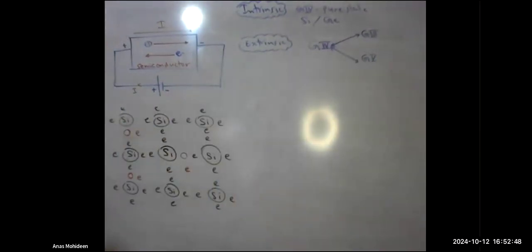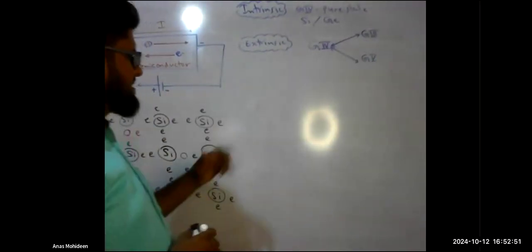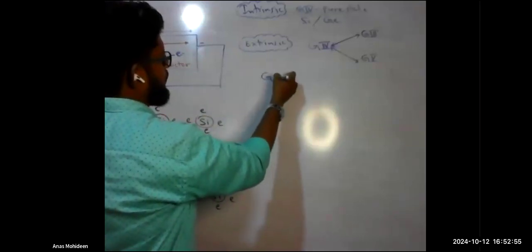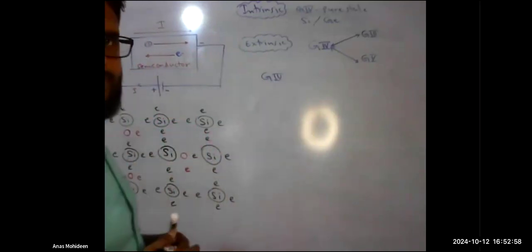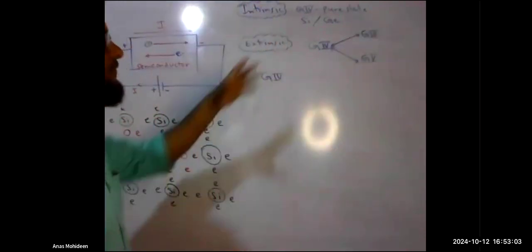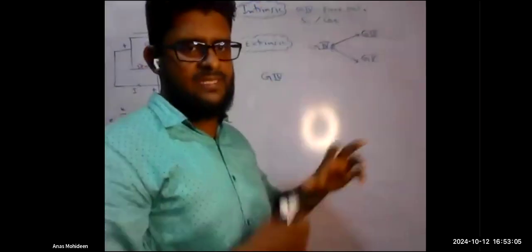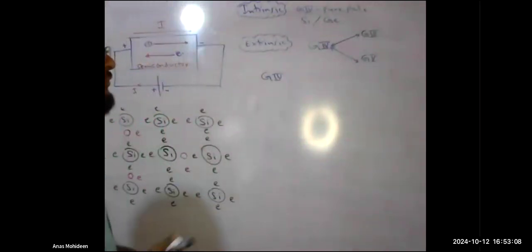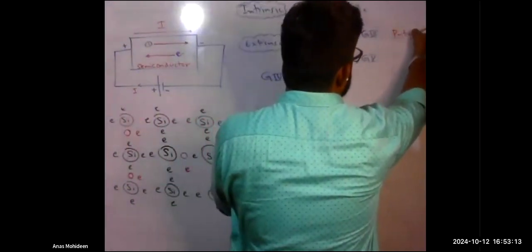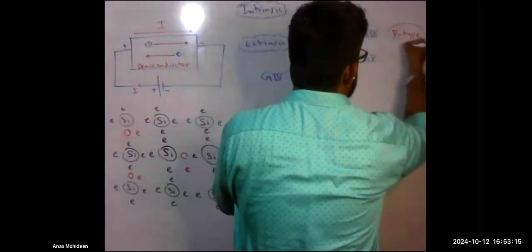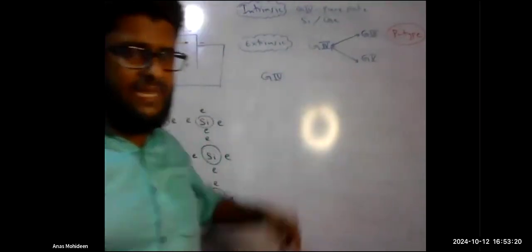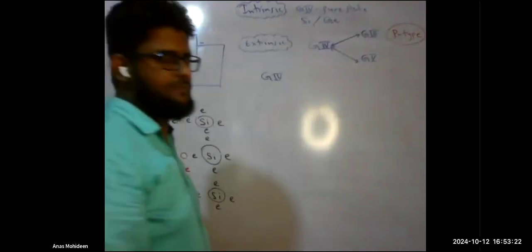How does it happen? Look at this. Now, let's say I'm going to take group 4 combined with group 3. Let me write it here. Group 4 element mixing with group 3 forms a P type, positive type extrinsic semiconductor.